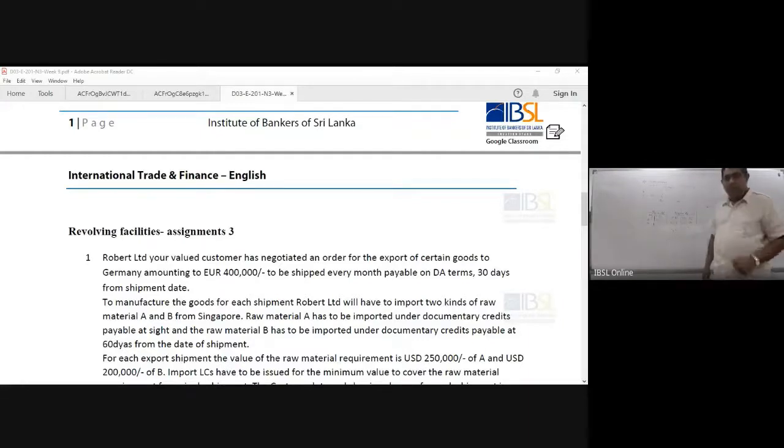One more thing you need to remember, this acceptance account, after I tell you this point, you have to take it down as a footnote. This acceptance account is a must that you need to create if the LC is a user's LC. Acceptance account is a must if there's a user's facility.